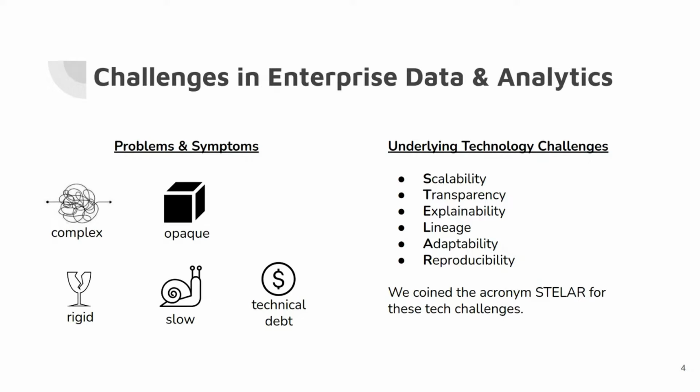But if you focus on the technology side, I summarize 6 different challenges purely from a technology point of view. We have an acronym for them called STELLAR. They are scalability, transparency, explainability, lineage, adaptability, and reproducibility.